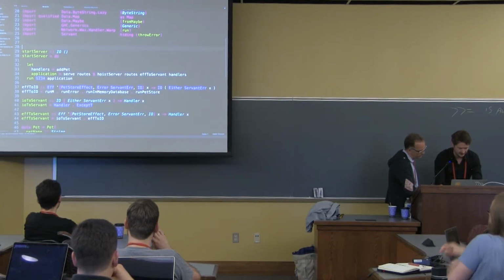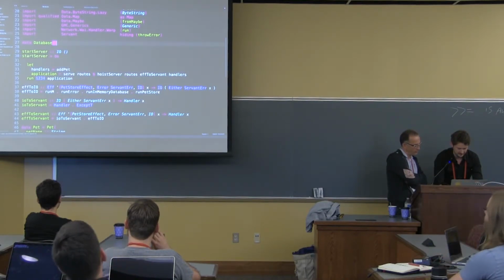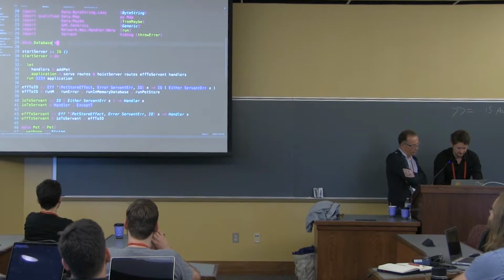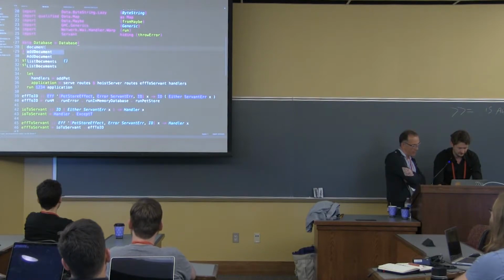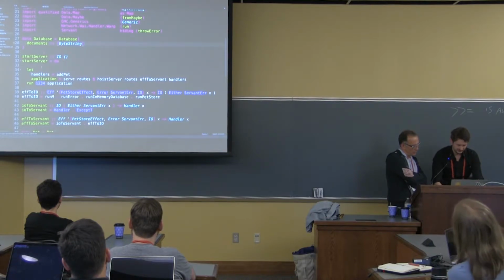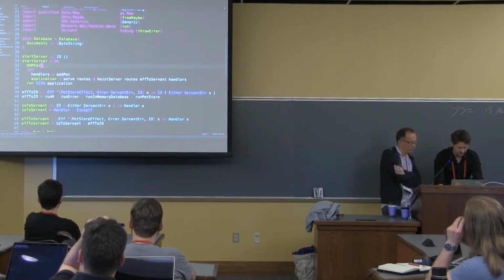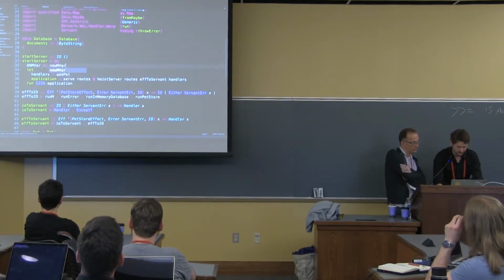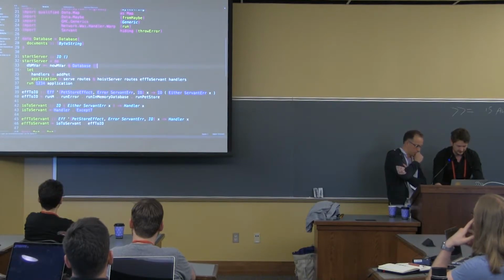So let's define a database, which has a list of documents. Yep. And just a list of byte strings. And let's initialize one. So we have the db MVar, which is a new MVar database, which is an empty list.